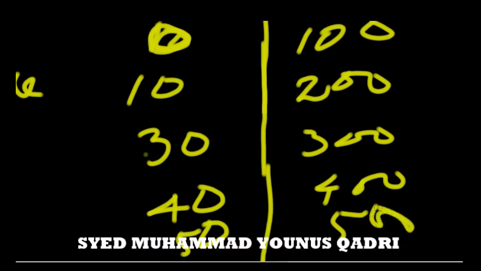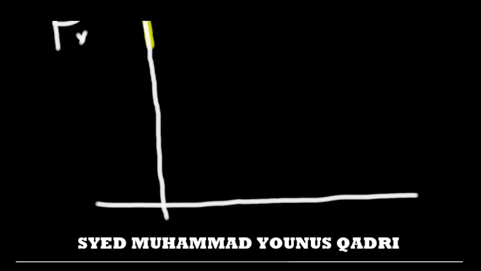Price is increasing from 10 to 20, 30, and supply is also increasing. It is very easy to make a diagram out of it by using the axes. The y-axis is the price of X, and on the x-axis we have the supply.